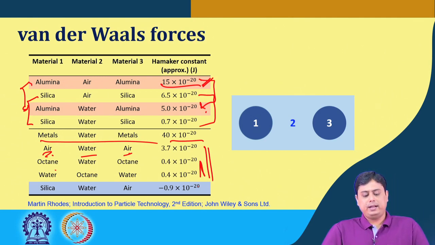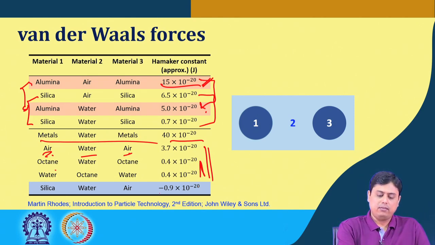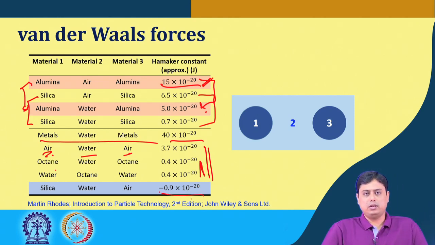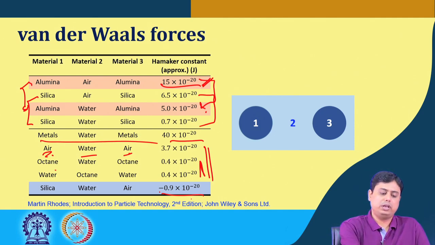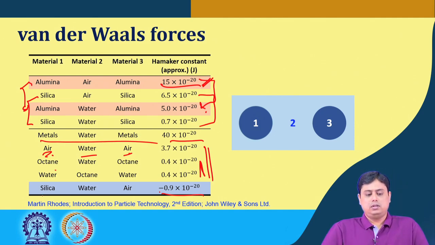Now, the rare case that I have mentioned, that the van der Waals force can be repulsive in nature if we have a negative Hamaker constant, is shown here. The scenario is that a silica particle, say attached to an air bubble, is being separated from water.